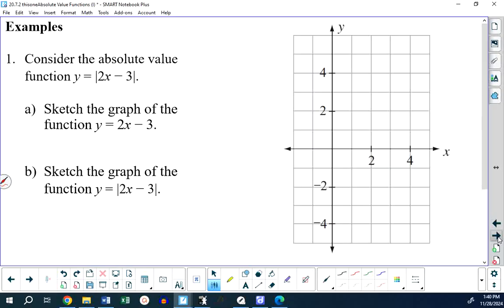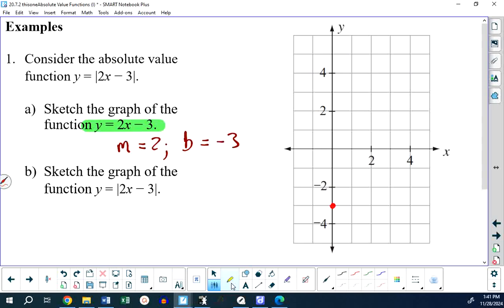Back to sketching. What does this graph look like? Well, it's a straight line with a slope of 2 and a y-intercept of negative 3. Basic math 10, right? The slope of this graph is 2. The y-intercept is negative 3. Well, let's start plotting some points.